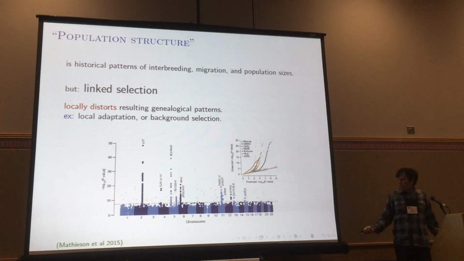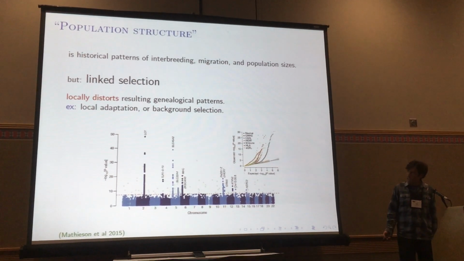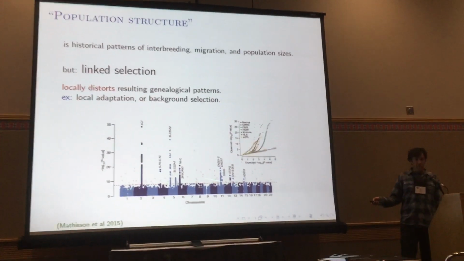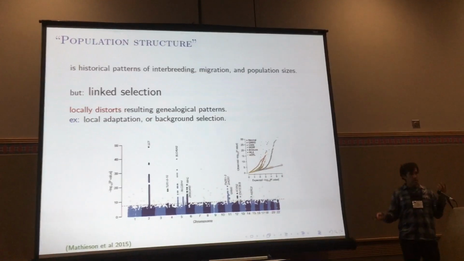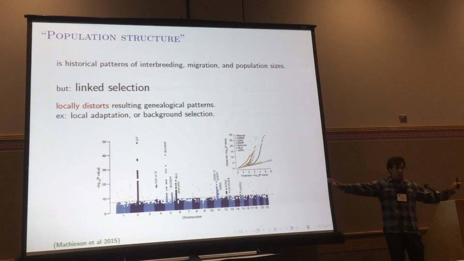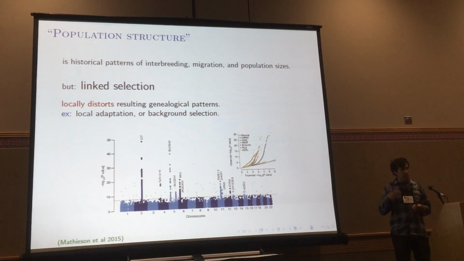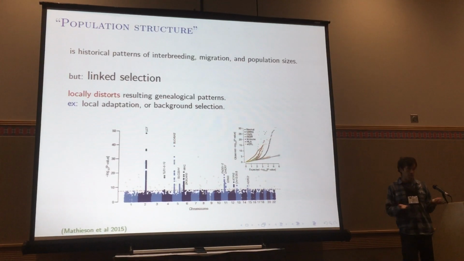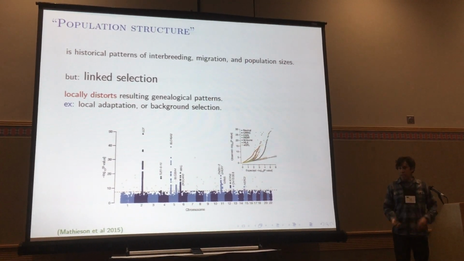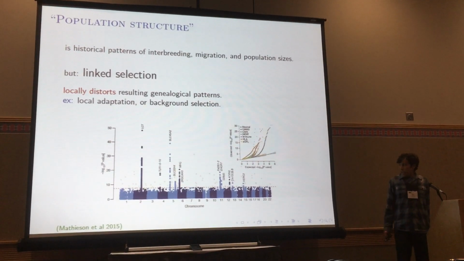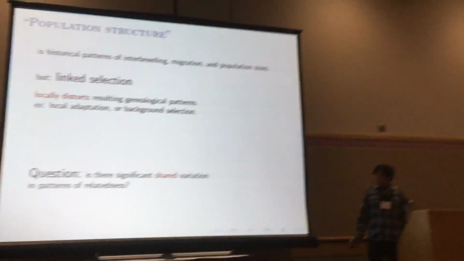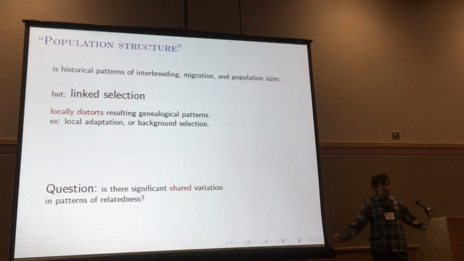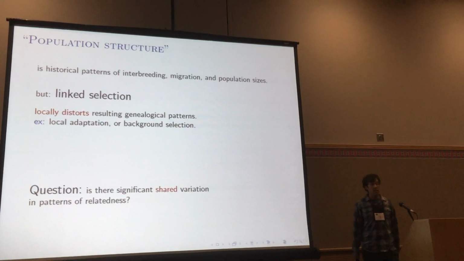But we also know that linked selection can have much broader effects than this. There have been a lot of studies showing larger scale correlations in various patterns of diversity, probably because of background selection and other sorts of linked selection. So my student and I went into this wondering how strong that effect might be and what it might tell us.